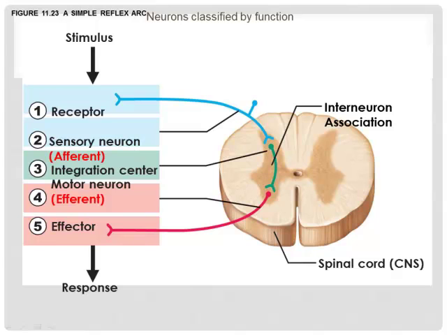So we've typically got the skin. We have sensory receptors or nerve endings in the skin, which are called cutaneous receptors, and these are typically stimulated by things like pain, heat, cold, pressure. And then you also have receptors that are on the tendons, the muscles, and joints. These sensory receptors are specialized nerve endings, and they're called proprioceptors.